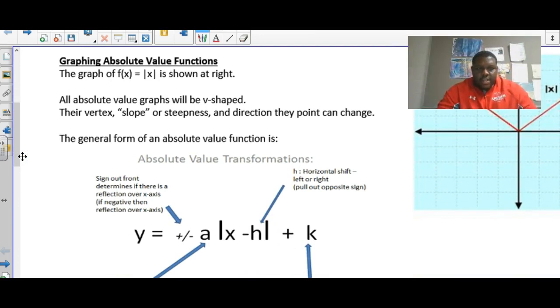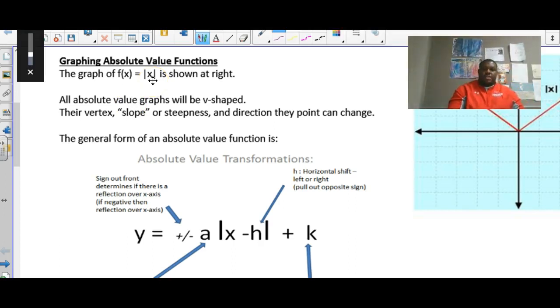Absolute value function, guys. The graph of f of x equals the absolute value. This right here means absolute value when you see a function, and it has the two vertical lines outside of the function. That means absolute value.